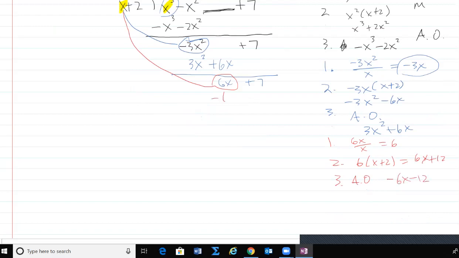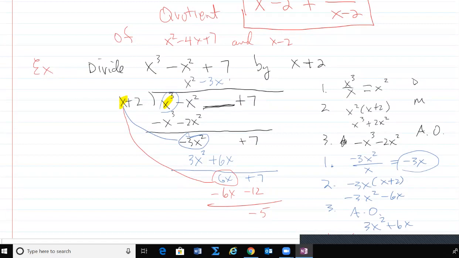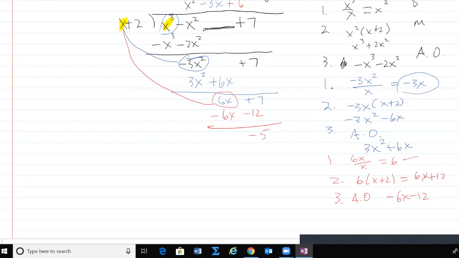It'll come over here, and then we'll add. So we get a negative 5. And notice our degree now is going below the degree. This is a remainder. It's going below the degree of the divisor, which was a 1. This degree is 0. So we are stopped now. And let's not forget our 6 up here as part of our answer. That was the 6 that we had over here when we did this division.